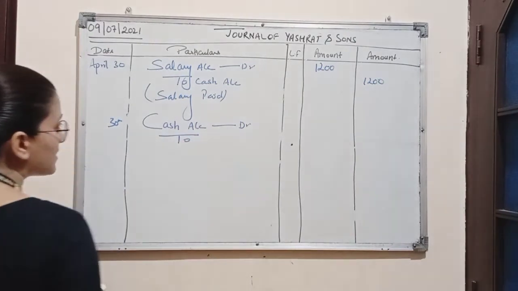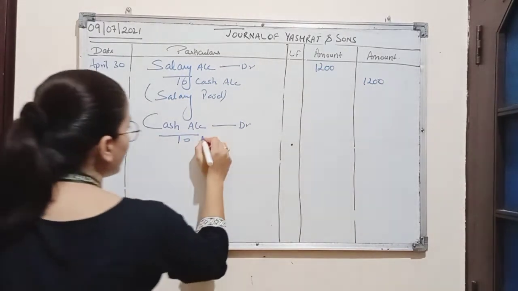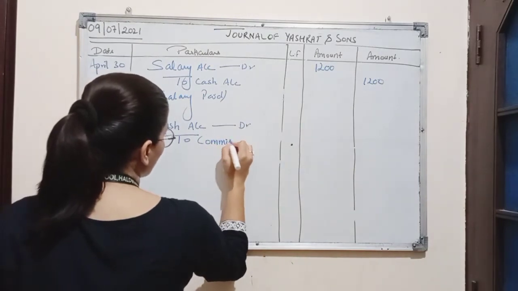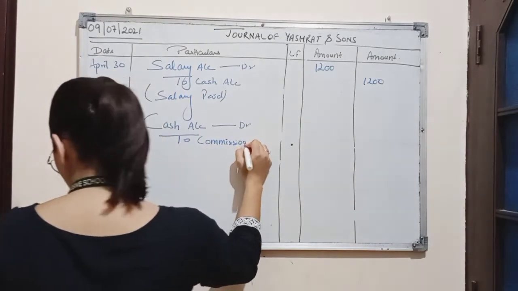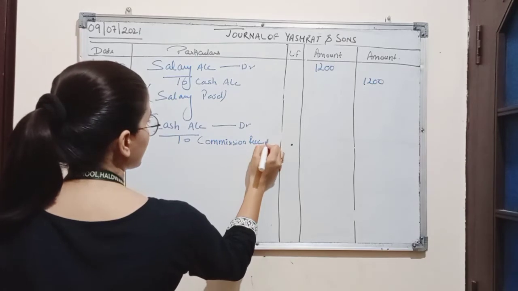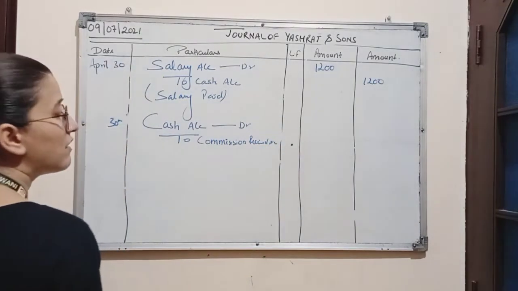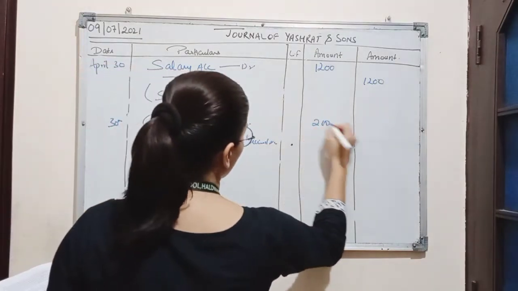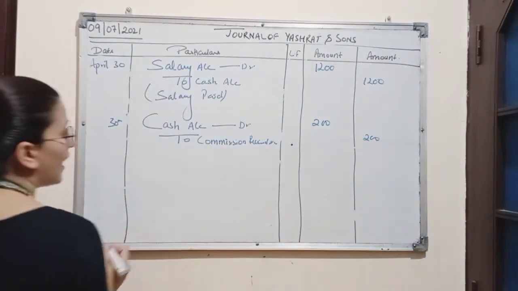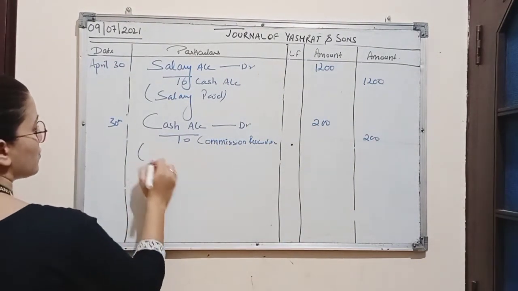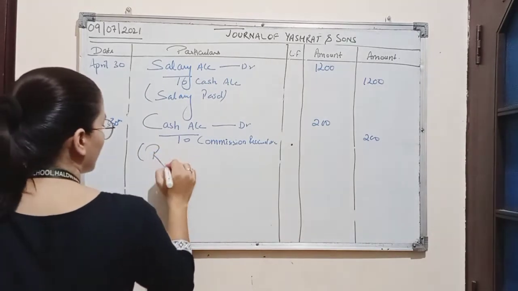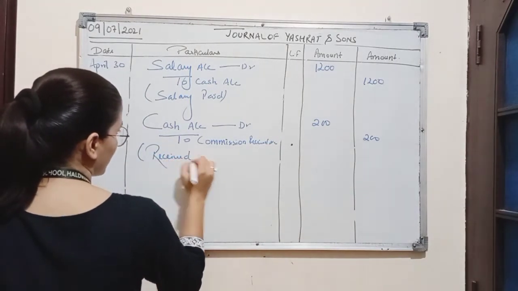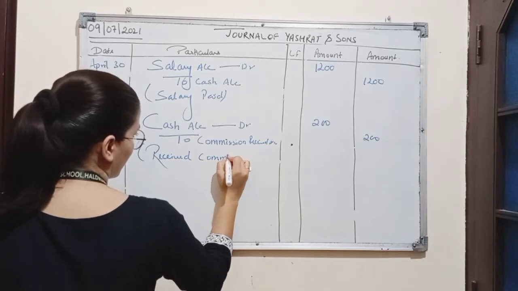And commission is received. Commission is an income, so it will be credited to commission received account. Entry will be cash account debit to commission received. Amount is rupees 200. And narration for this transaction will be received commission.